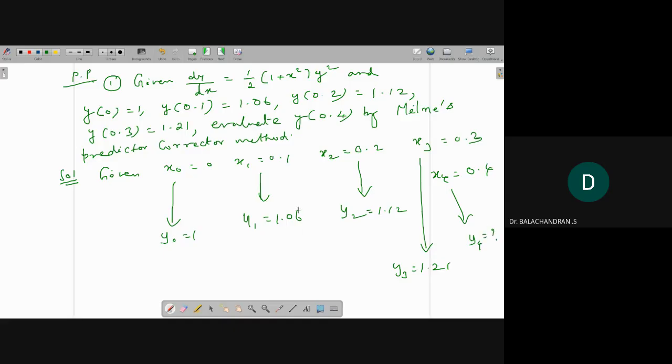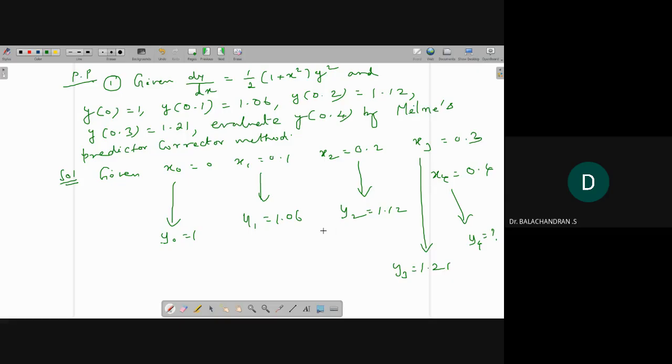So there is no need to find y1, y2, y3. In the previous two problems we found y1, y2, y3, but here it is given in the question itself. So it is enough to find y4 only by using Milne's predictor corrector formula.